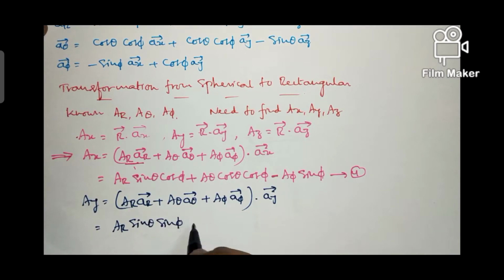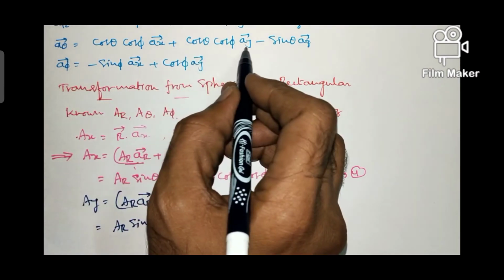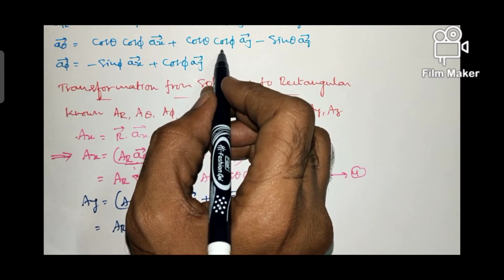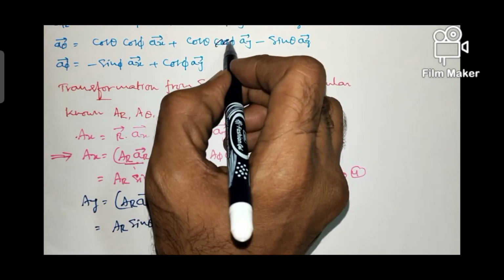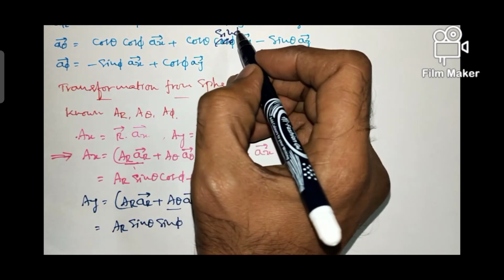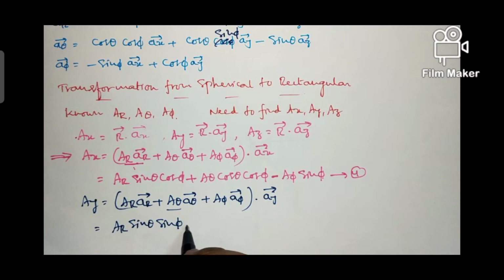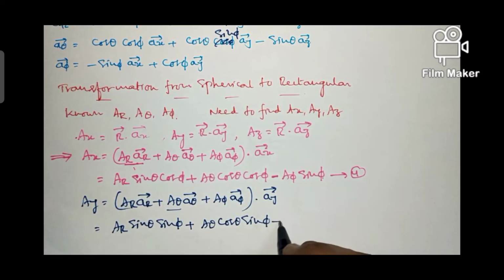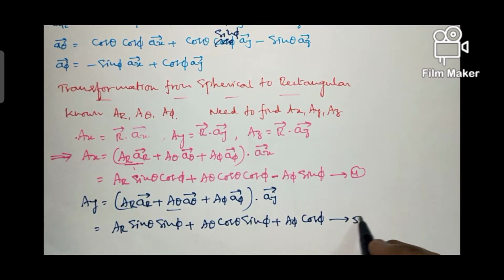If you consider the second term, a_theta dot a_y bar, here we get cos theta sin phi, it is actually cos theta sin phi, not cos phi. So here plus a_theta into cos theta sin phi, and when a_phi dot a_y bar is considered, we get cos phi. Let us name this as equation number 5.